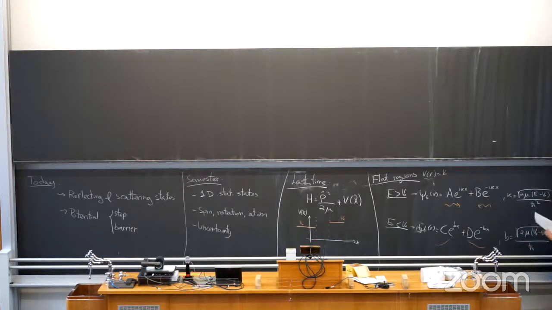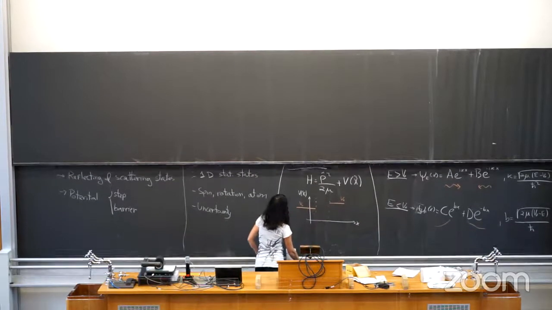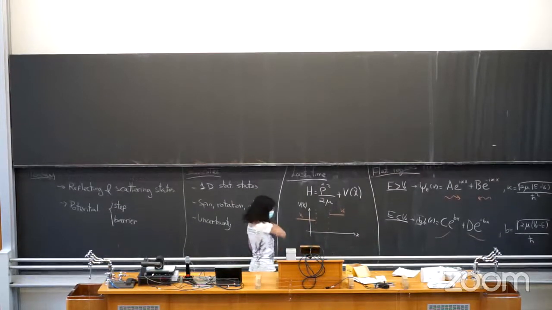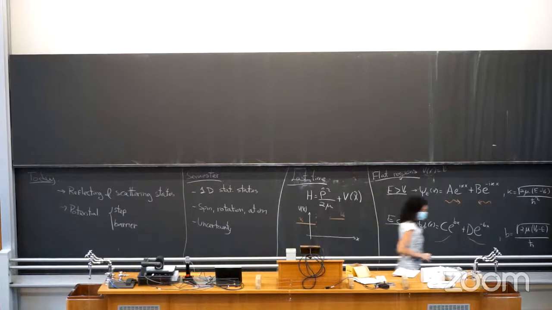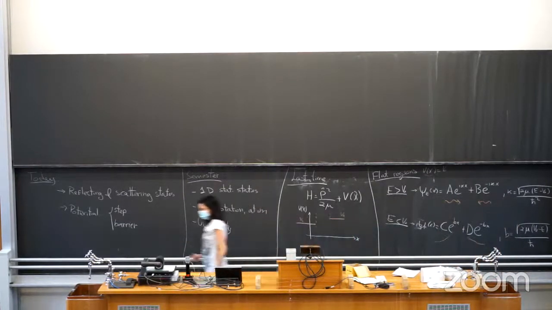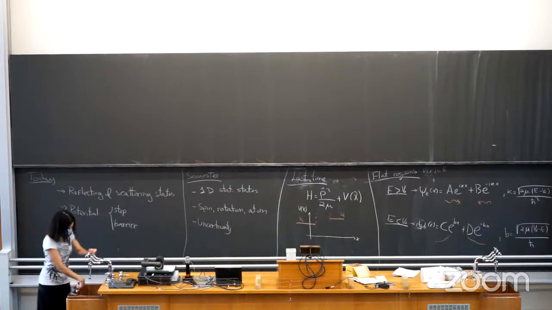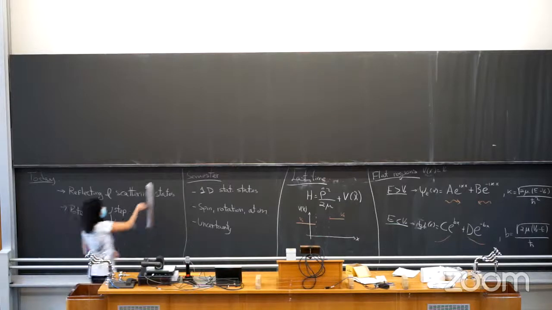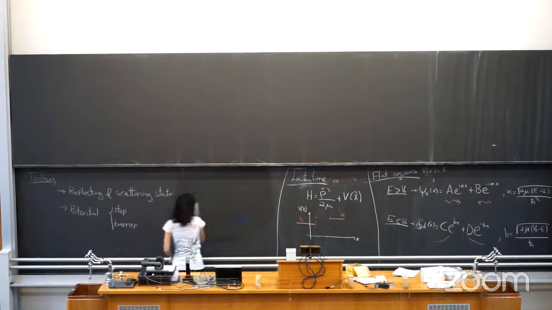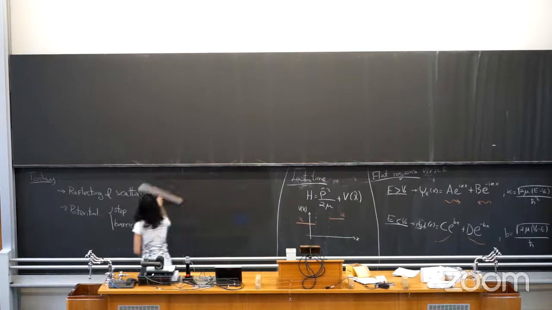Okay, and then what were the continuity conditions? If you remember, the wave function must always be continuous. So we saw the wave function has to be continuous. If the potential is finite, then the derivative is continuous.